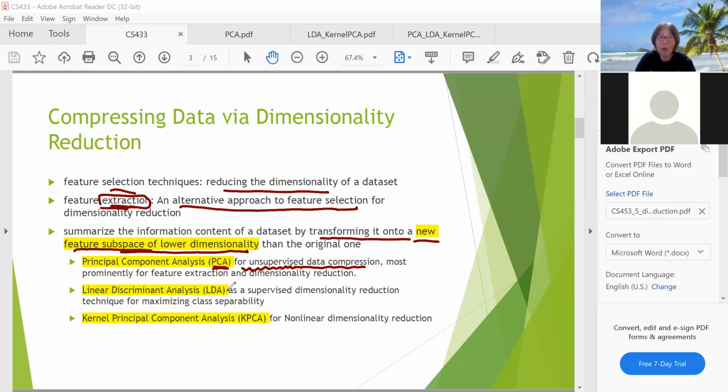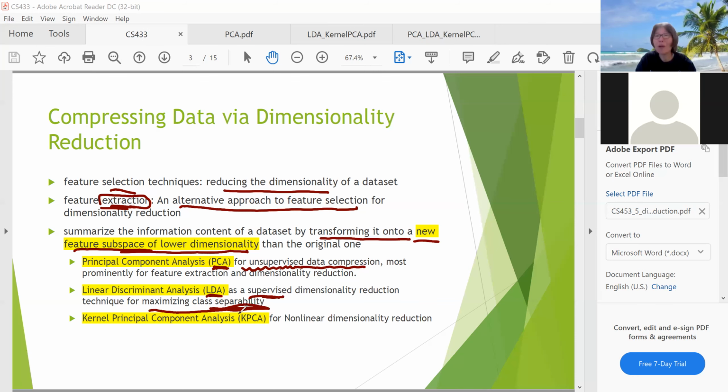The second one we will learn is called LDA, linear discriminant analysis, but this one is supervised. So be careful, the data must already be tagged with classes. It can also help with dimensionality reduction, and its goal is to maximize class separability.